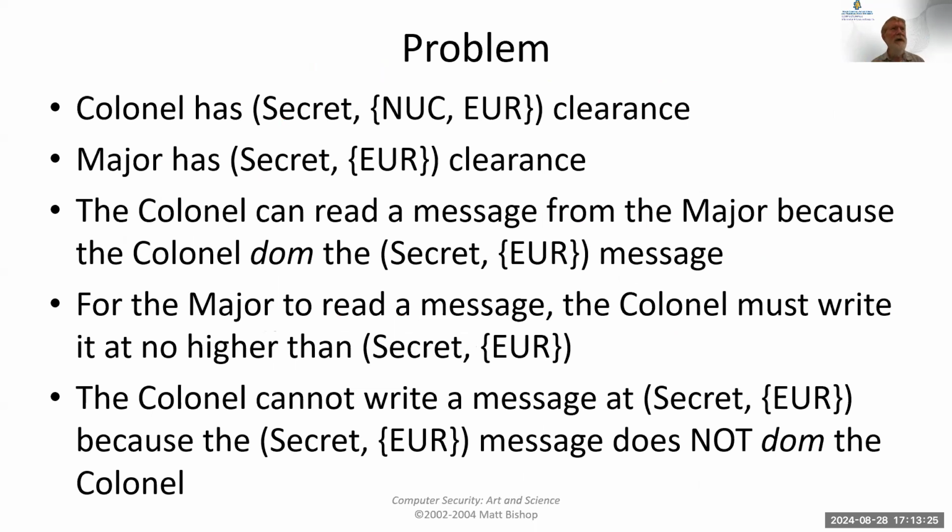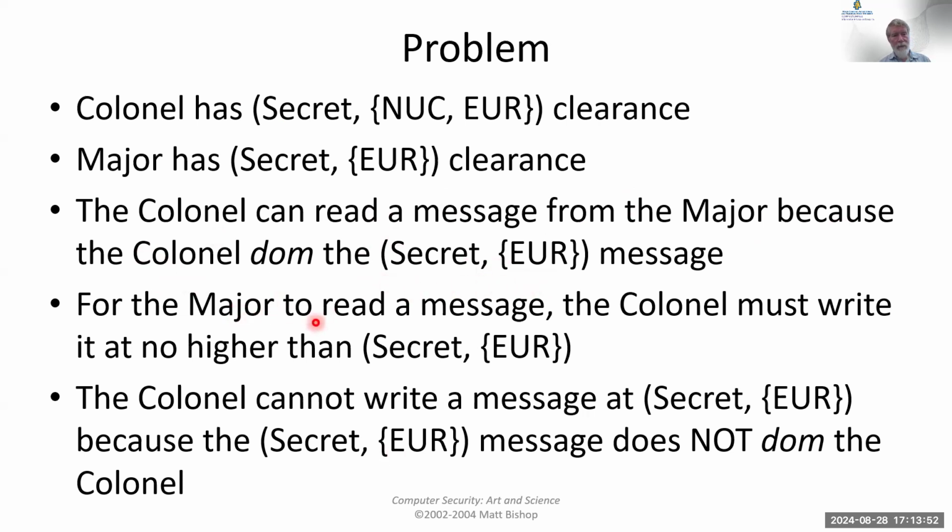There's another problem here with the Bell-LaPadula model. Here's the example. We have a colonel who's secret, and he's got the categories nuclear and Europe. And we have a major, using military people because the government uses this, who's secret, Europe. So they have the same levels, but different categories. The colonel can read a message from the major because the colonel dominates the major.